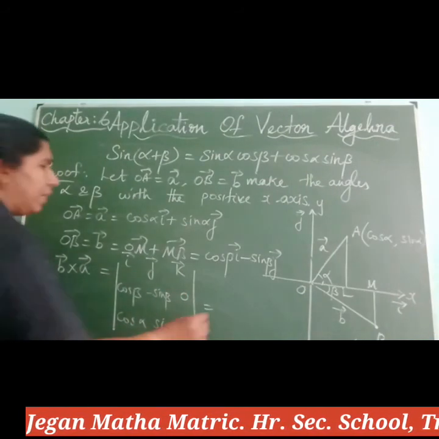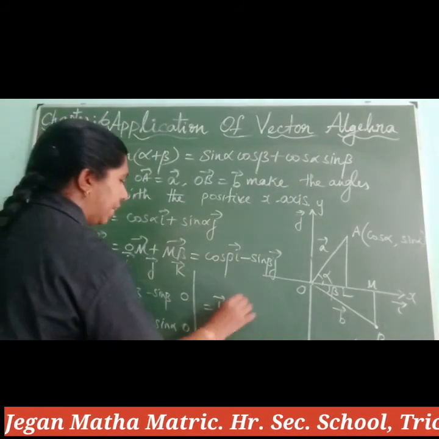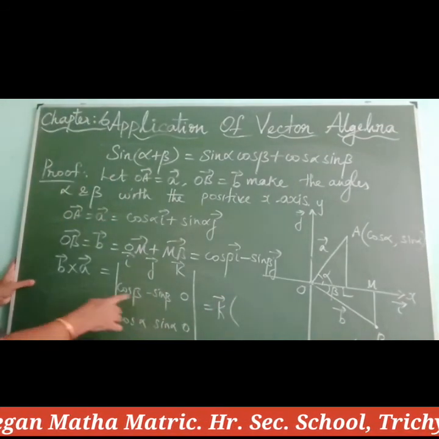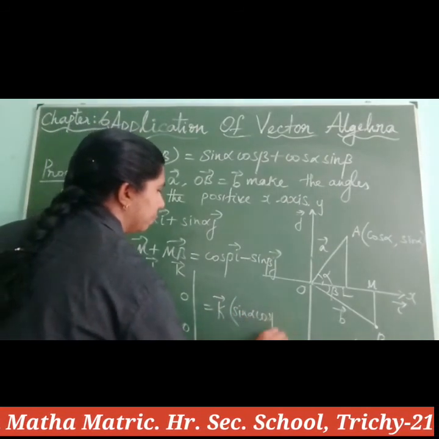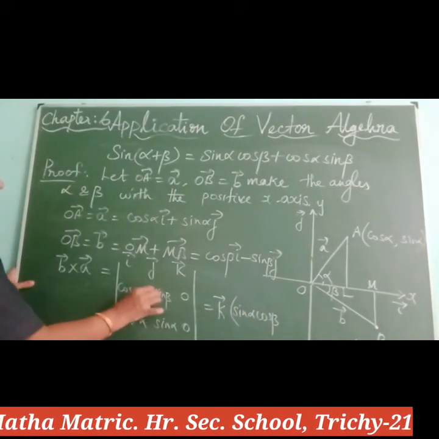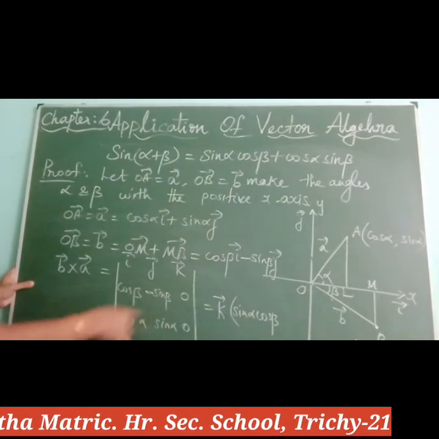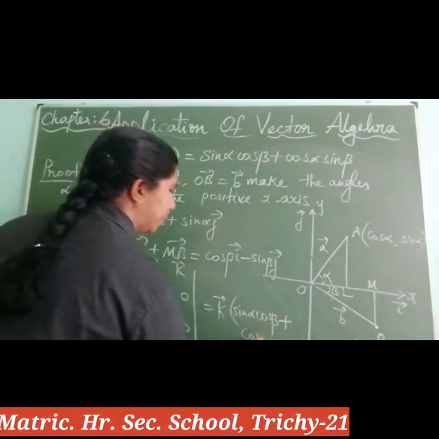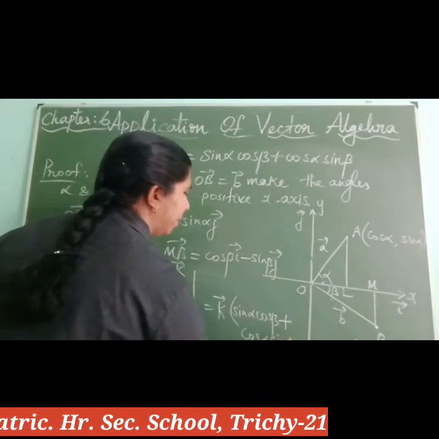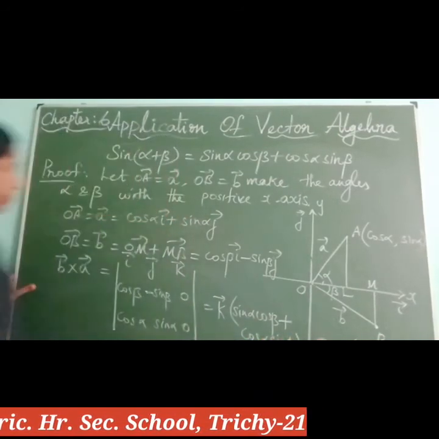So the last one we get k vector into sin alpha cos beta minus the product of these two. Here one minus is there, so plus cos alpha sin beta. This is one equation.